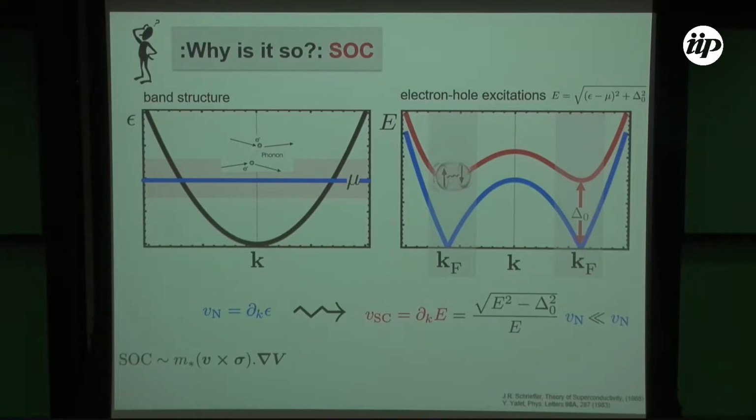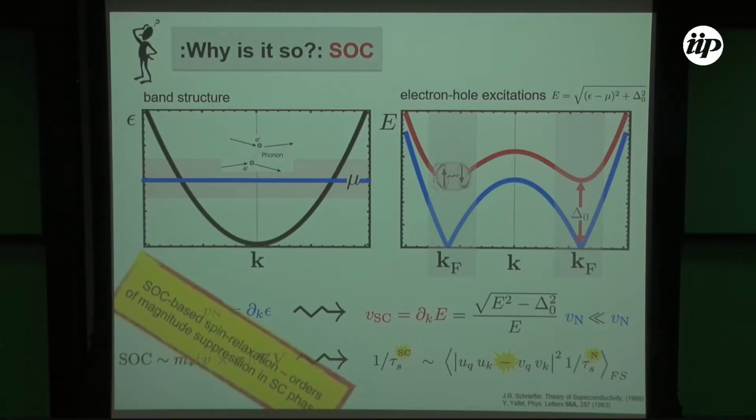And this has consequences for the spin-orbit coupling, since we know that the spin-orbit coupling is effectively momentum multiplied with a spin times the gradient of some field. And if the velocity is much, much smaller, then this is one of the physical mechanisms for the minus sign, because quasi-particles are slow and they are relaxing longer.